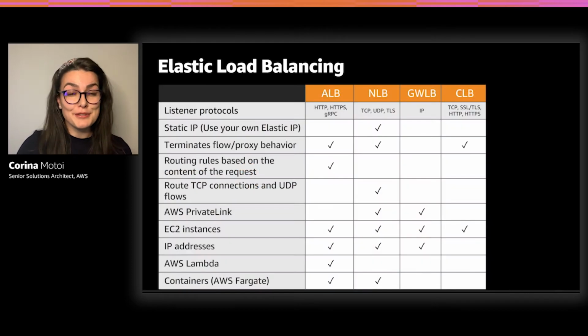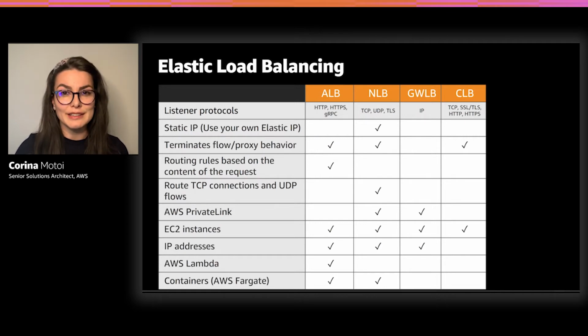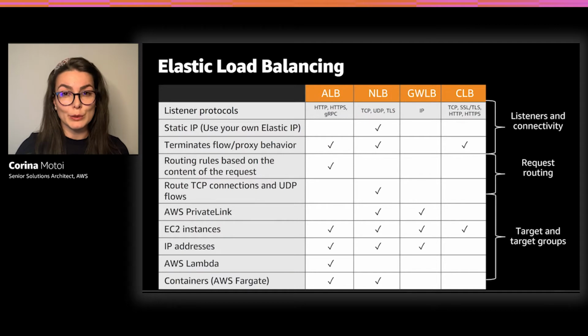Just to respect the previous Elastic Load Balancer session, I've included also a table that summarizes at a very high level the differences between the load balancers. I've chosen those differences which are relevant for today's session in the context of serverless architecture.